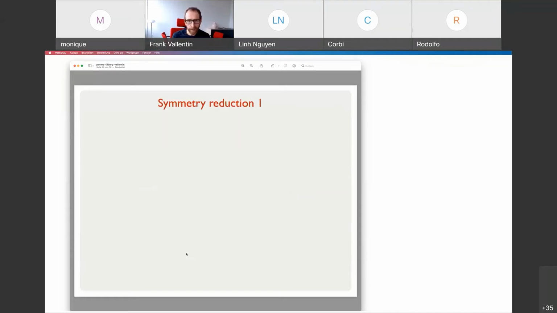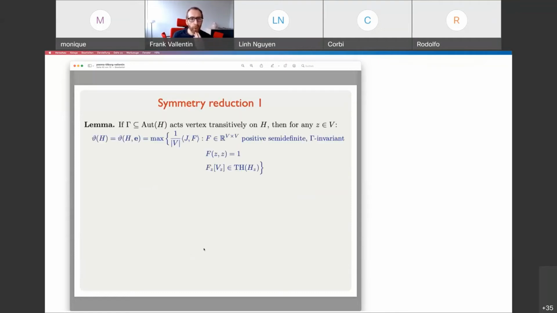So symmetry reduction step 1 is when we talk about vertex transitive graphs. So suppose you have a group gamma, a subset of the automorphism group of H, which acts vertex transitively on H. So every vertex is in a sense equivalent.